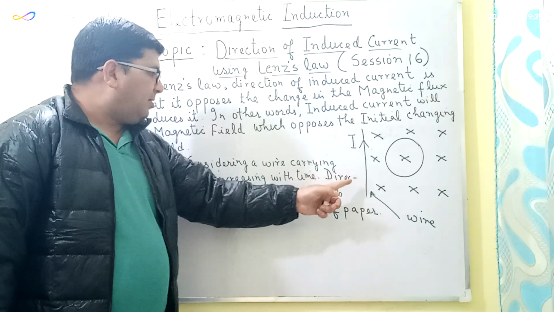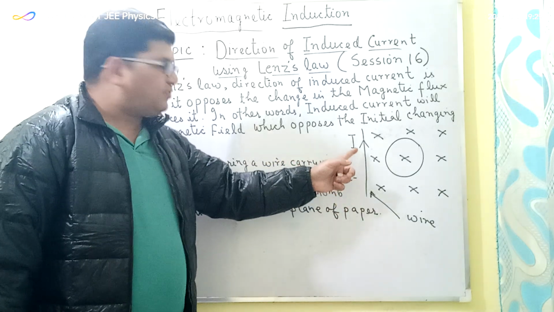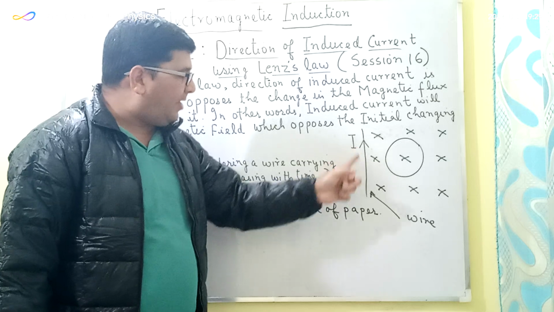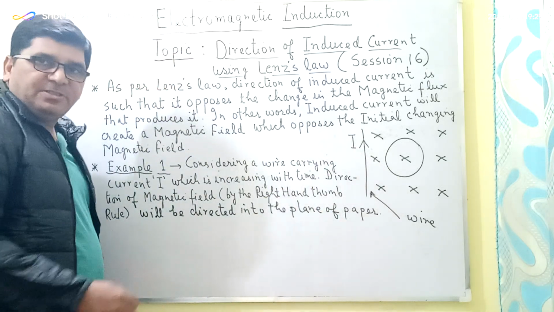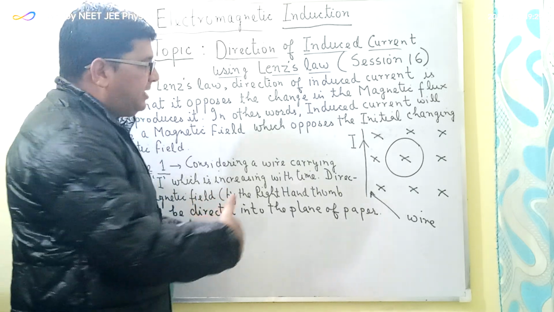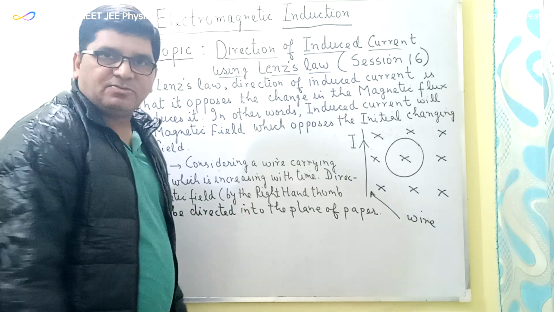Now, the direction of the magnetic field produced by this current carrying wire will be given by the right hand thumb rule. As per the right hand thumb rule, the thumb points towards the direction of the current and the curled fingers give us the direction of the magnetic field.